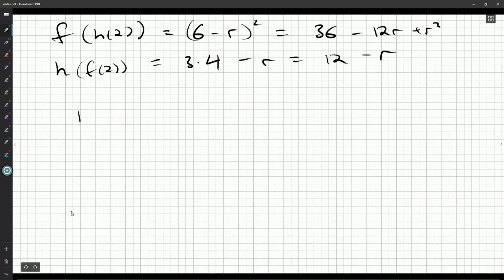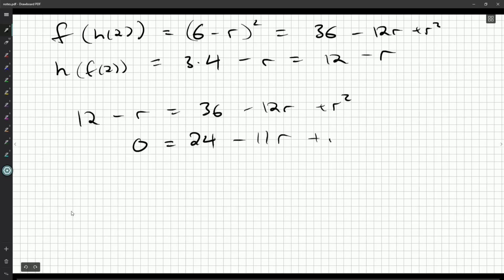And if we want them to be equal, we just set them equal. And once again, we're going to get another quadratic. Bring everything over to the right-hand side. 36 minus 12 is 24. Minus 11r, and then plus an r squared.